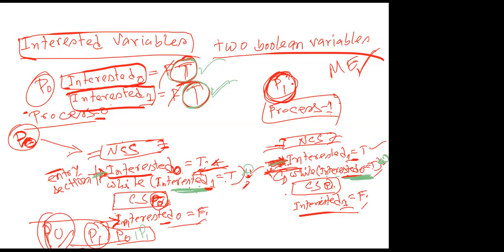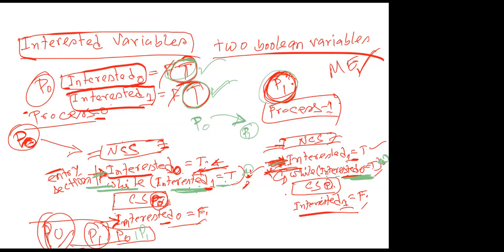What does it actually mean? Here, two processes are now interested in entering the critical section. So process P0 says, okay, you are interested in the critical section, so you can complete your critical section first. It gives the signal to process P1. P0 checks this while loop: interested[1] is true, meaning process P1 is interested in the critical section.